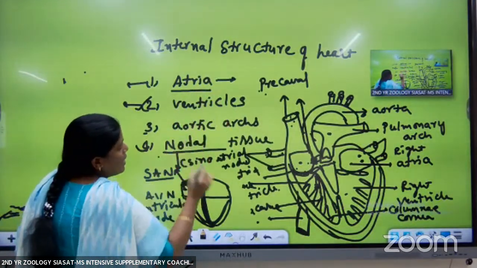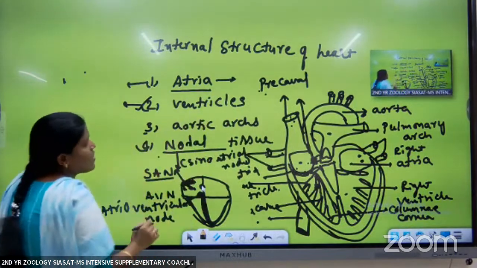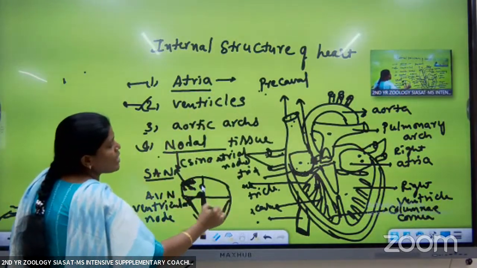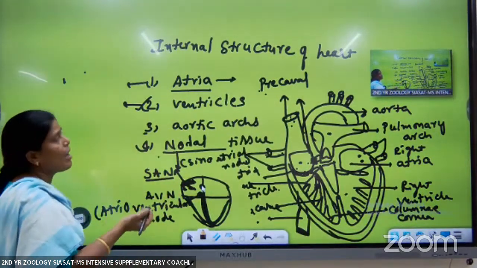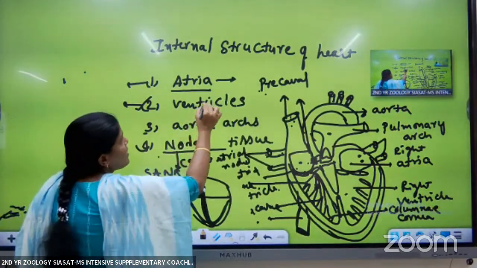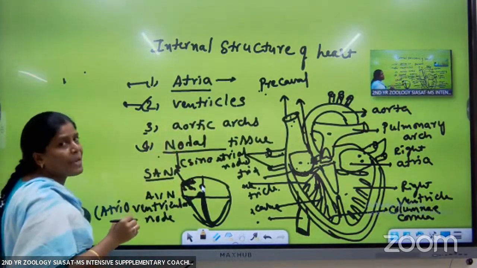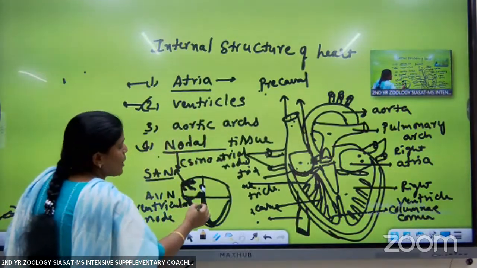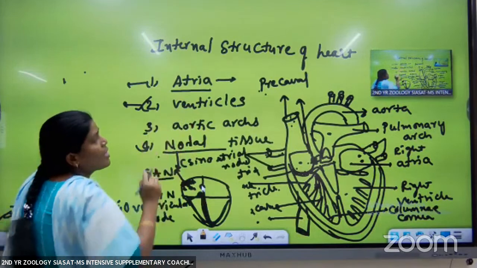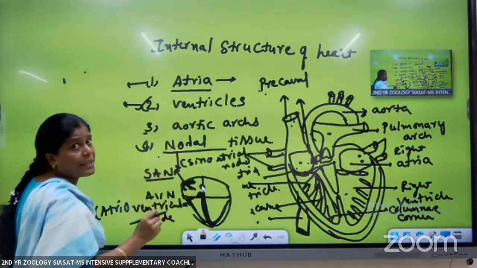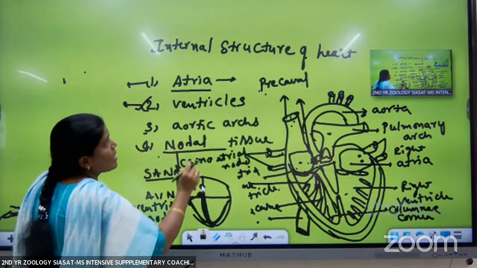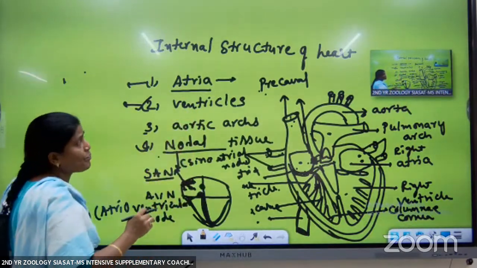Next are the lower chambers, the ventricles. Ventricles are the pumping chambers. They pump the blood, either oxygenated or deoxygenated, and that's why we call them pumping chambers. They are present on the lower side, so we call them lower chambers. Ventricles are muscular and thick, made up of muscles.